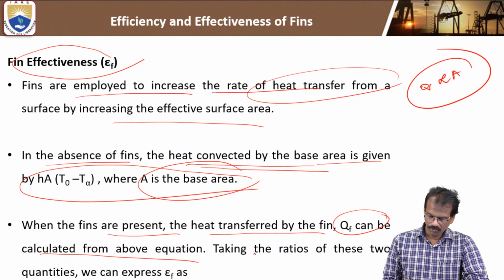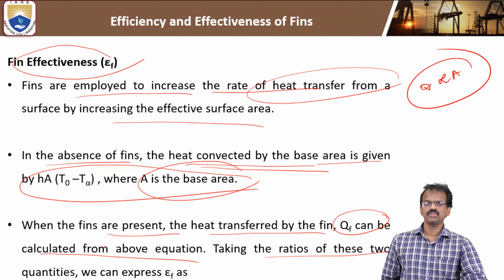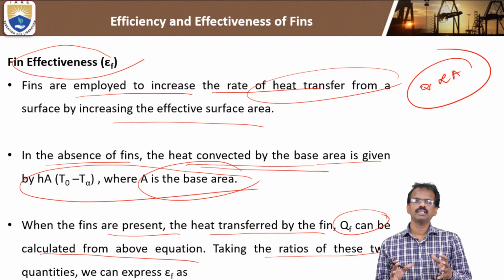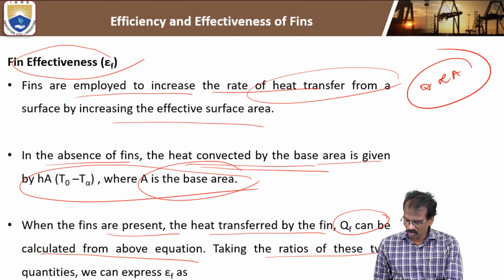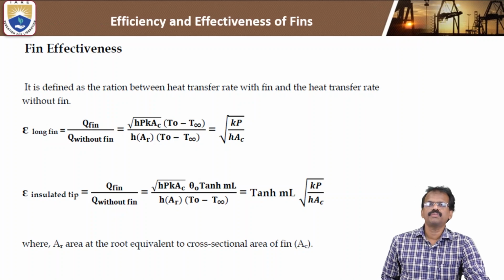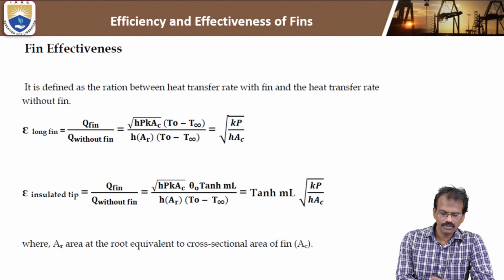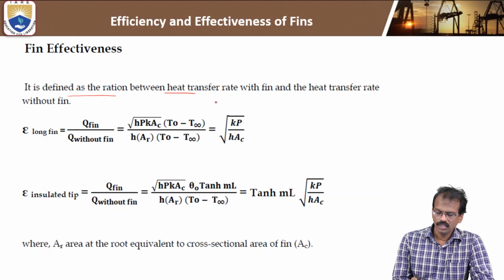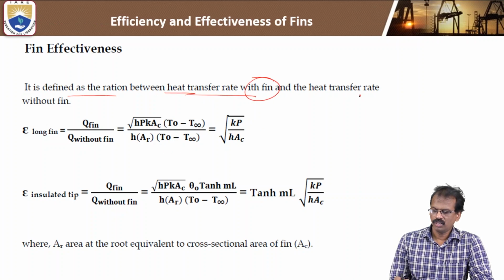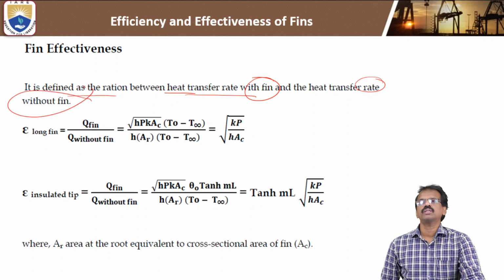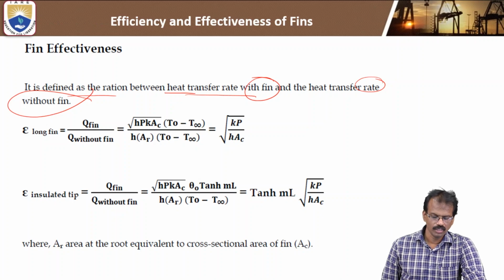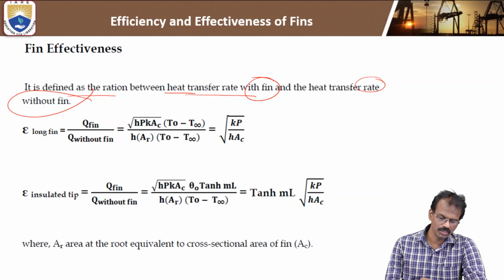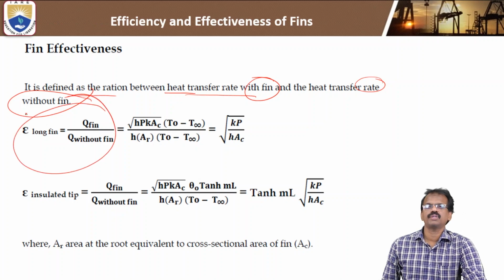Taking the ratio of heat dissipation with fin and without fin shows the effectiveness of the fin. So the effectiveness of fins is defined as the ratio of heat transfer rate with fin to heat transfer rate without fin.